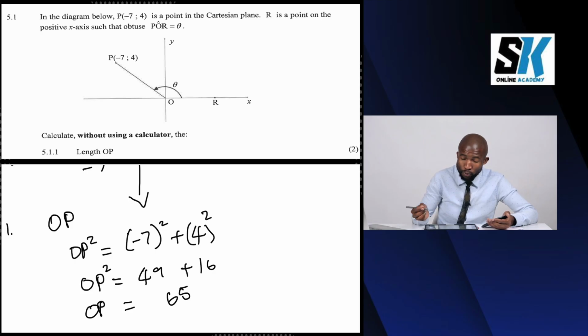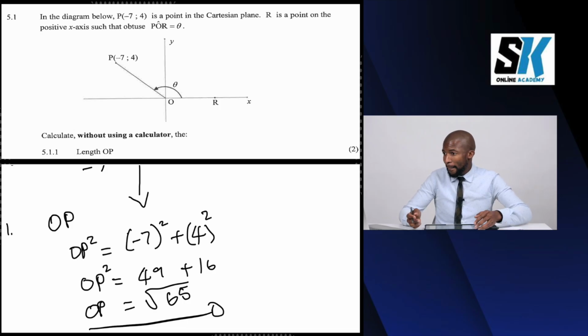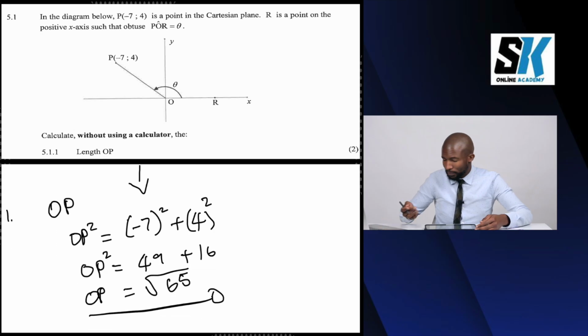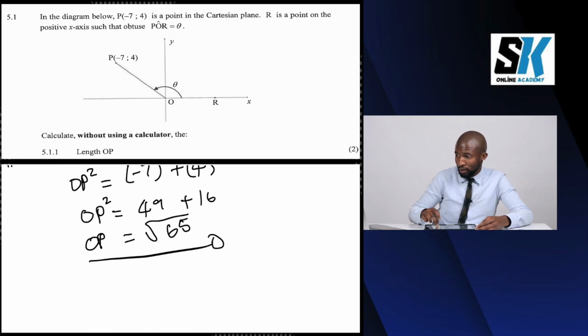Then we're looking for OP, not OP squared, so we root both sides, and we know that OP will be √65. So that is the first answer to 5.1.1.